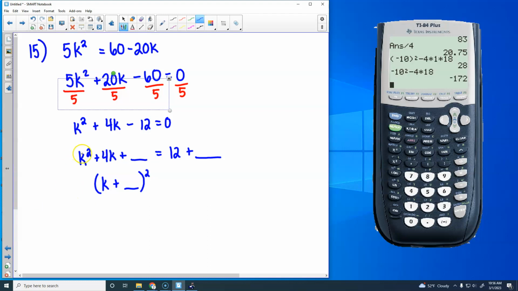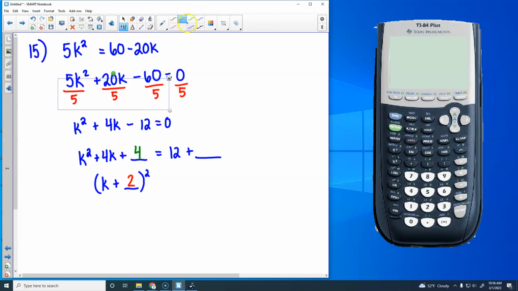So if this is a double square, that means this middle number is the double. If I take half of it, it would give me the number that goes right here. So if I take that number right there, divide it by 2, it gives me the number that goes here. And so k plus 2 squared, if we square that, we would get k squared, we'd get 4k, and then for our square at the end, we would get a 4 right here.